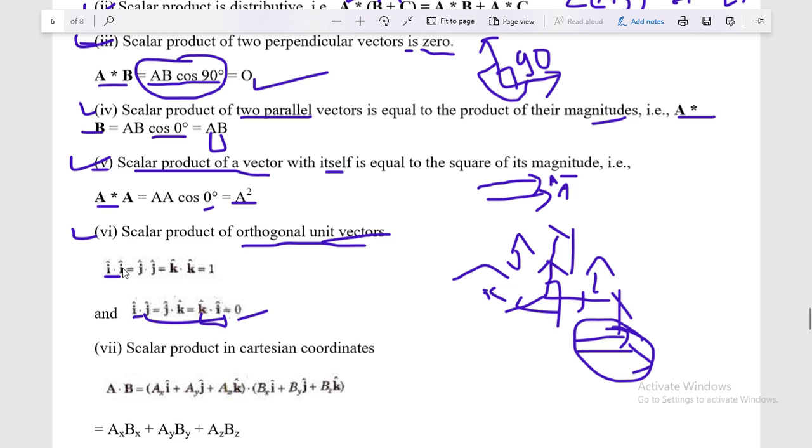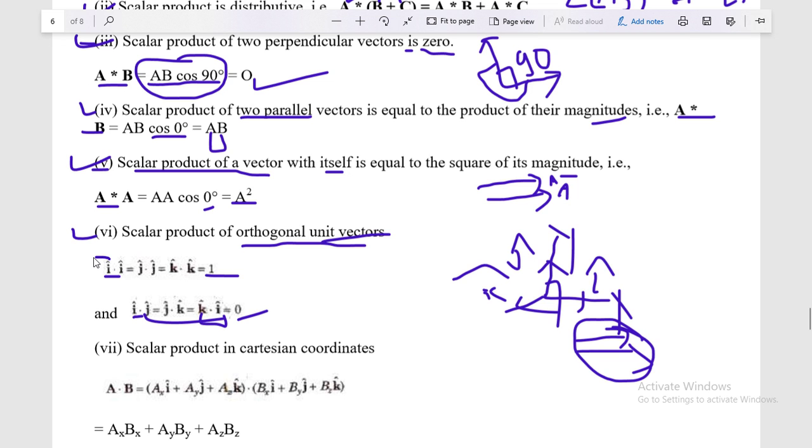If the angle is 0, cos 0 is 1. So i dot i is equal to magnitude of i, that is 1, into magnitude of i, that is again 1, into cos 0, that is again 1. So the final answer is 1. Similarly for j dot j and similarly for k dot k.